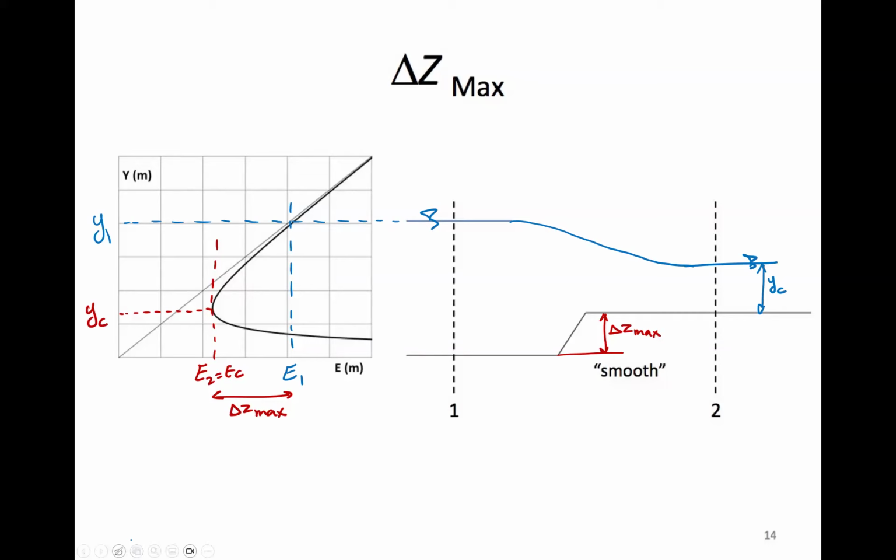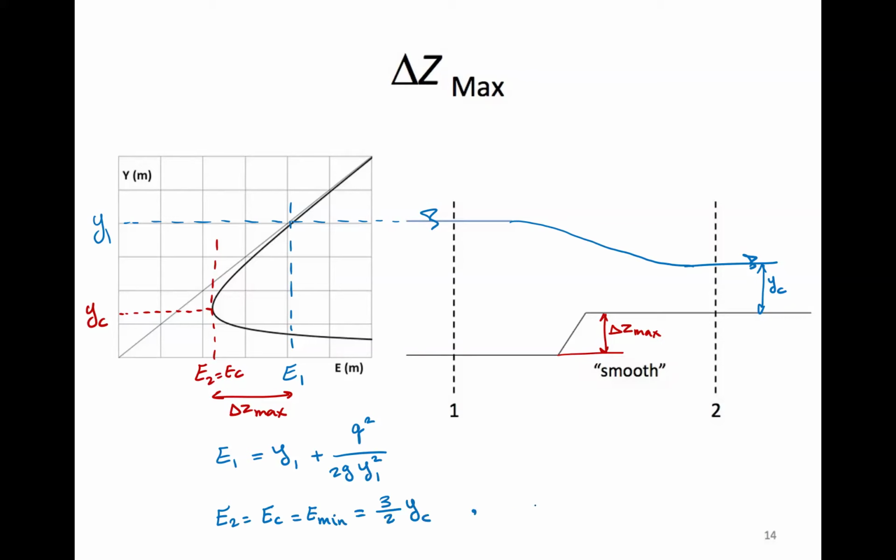Okay, so let's summarize the equations. We have upstream specific energy equal to E1 plus Q squared over 2G Y1 squared, nothing new. E2 will be equal to EC or E min, and it's equal to, again, we've seen this before, 3/2 times YC. And what is YC?